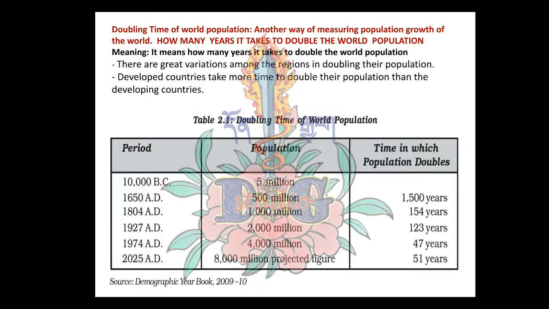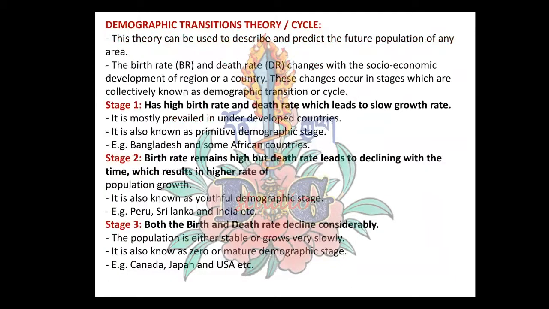The next topic that we are going to discuss is the demographic transition theory or cycle. This theory can be used to describe and predict the future population growth of any area. Here we predict the growth of population by studying the birth rate and death rate of a particular country.